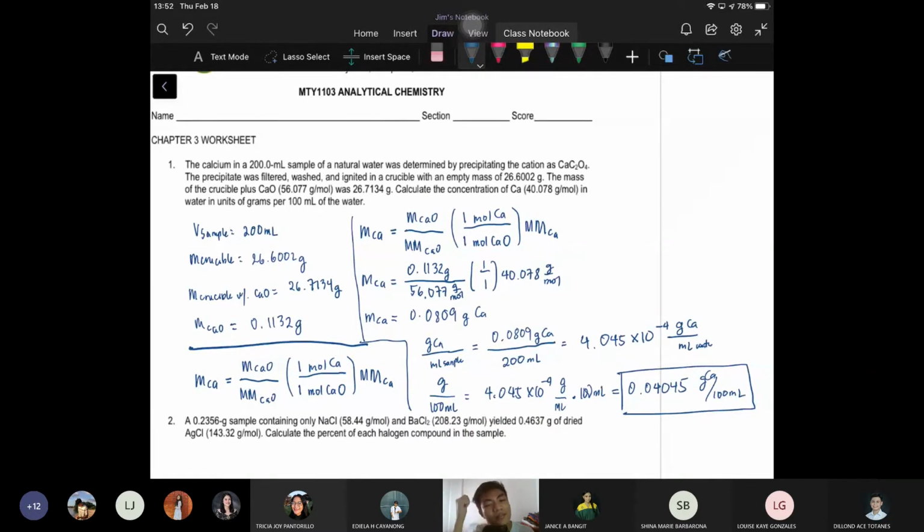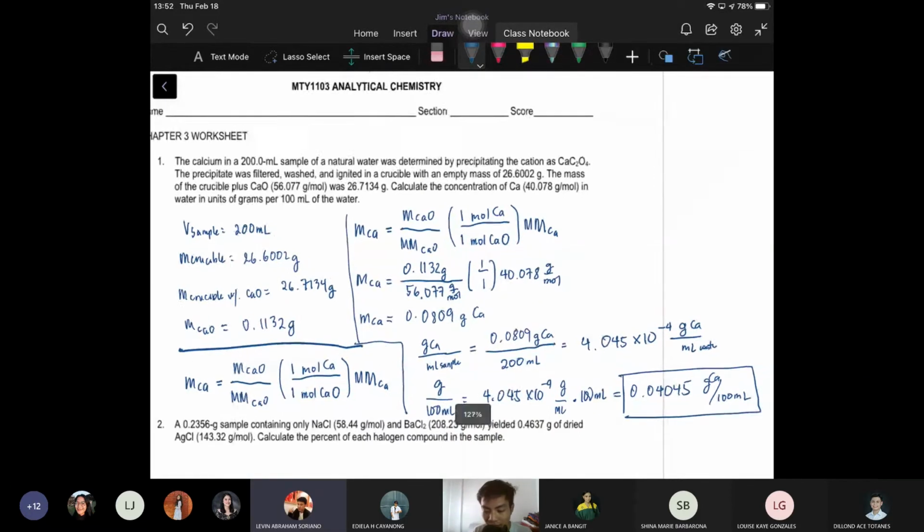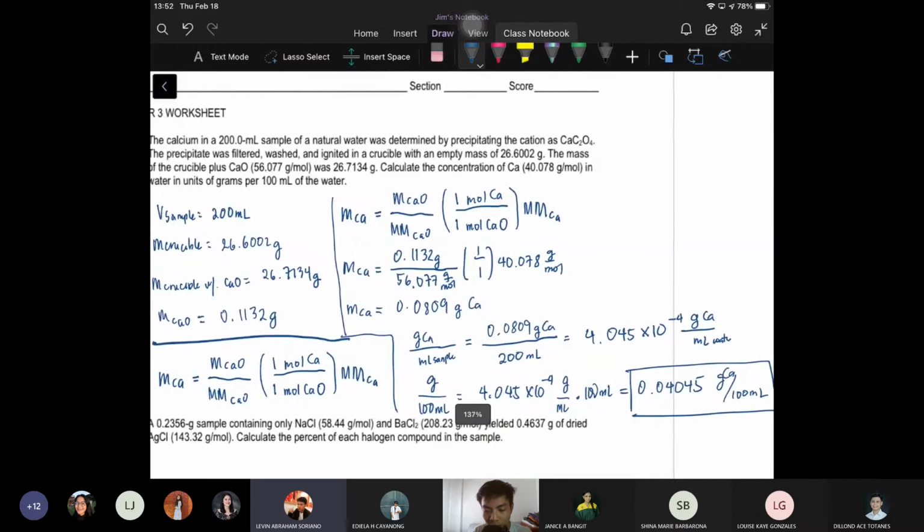Sir, ask ko lang po regarding dun sa may concentration. Always po bang molality yung gram per ml po? Not really, no? Kasi yung gravimetric questions natin, iba-iba yung gusto nila eh. Yung ibang problem, gusto ng grams per ml. So, you have to divide the mass by the volume.